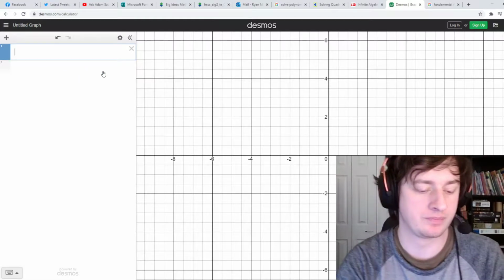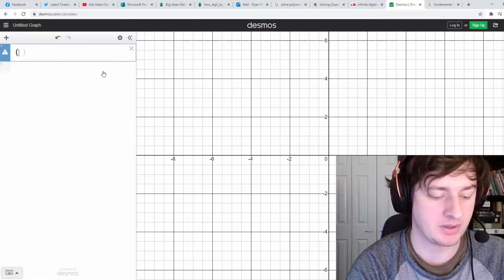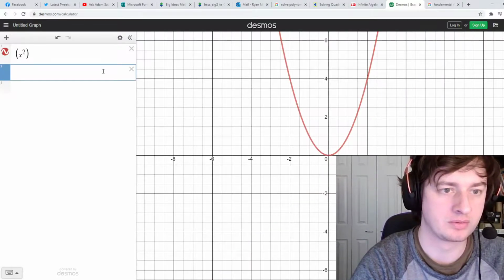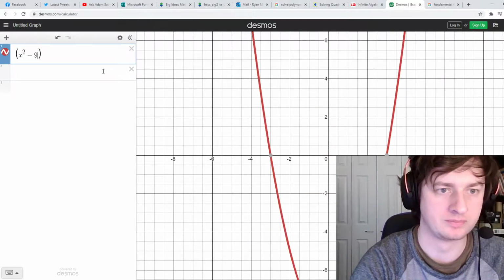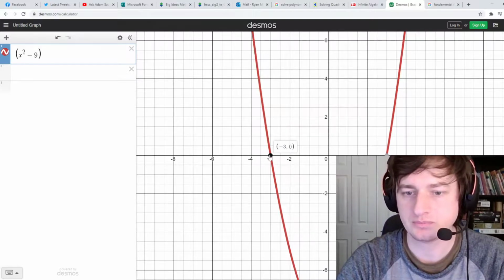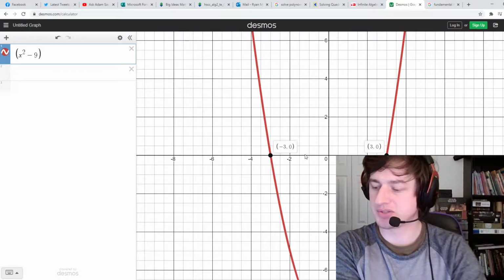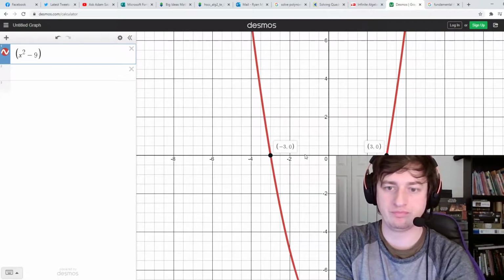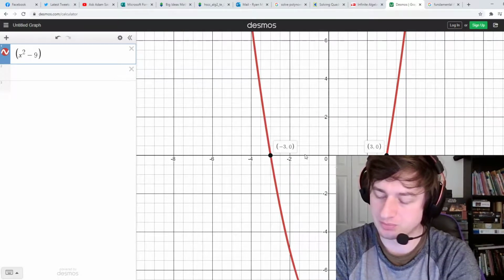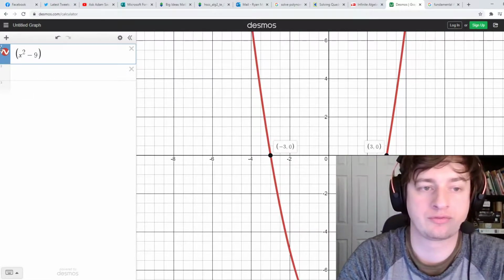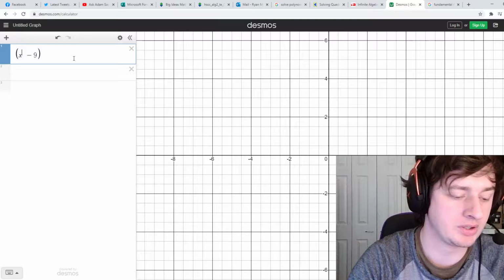All right, so we had x squared minus 9, right? And so these are two solutions. This is where the graph crosses the x-axis. We have an x value, and then we have a y value of 0. Now, that's all fine, but what if we increase the degree here?